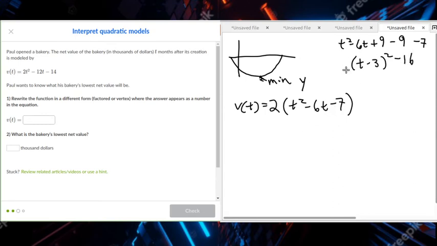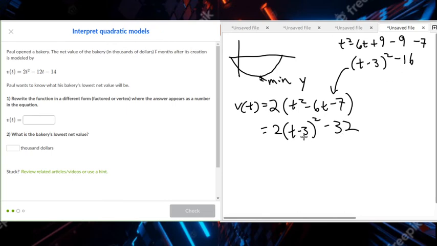And I'm going to put this back up into here, and I'm going to distribute out the 2 with the negative 16 here. So we've got 2 times t minus 3 squared minus 32. 2 times negative 16 is negative 32.